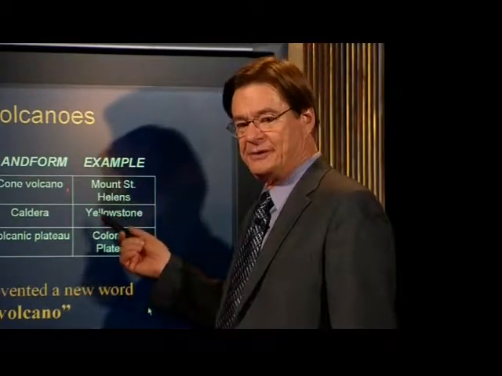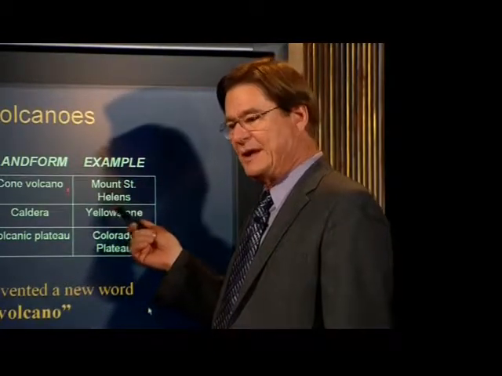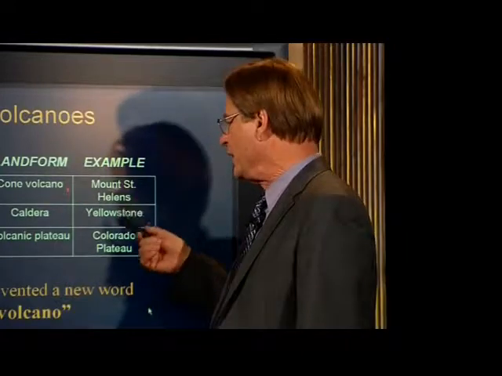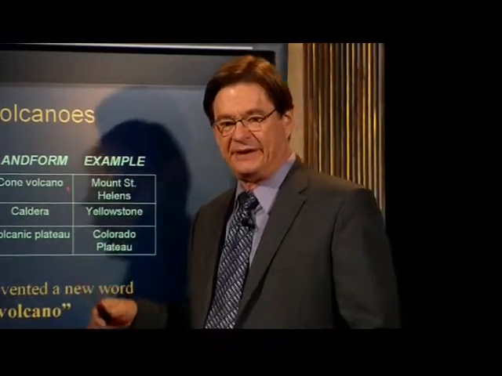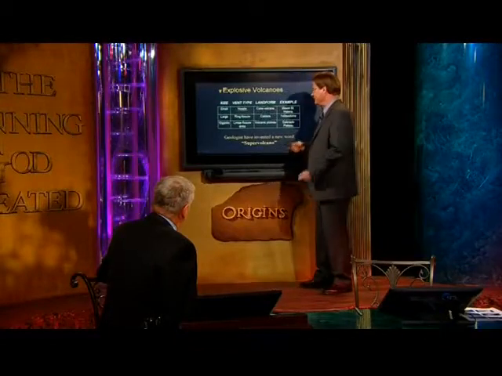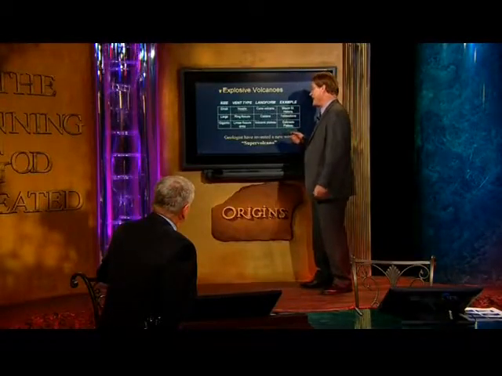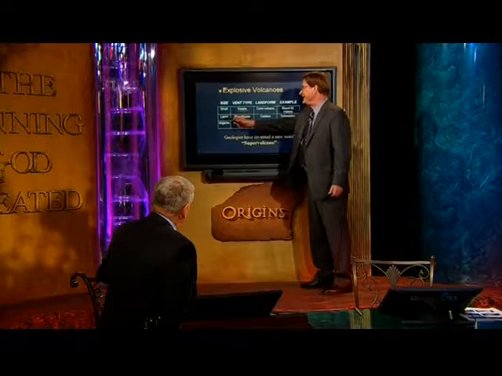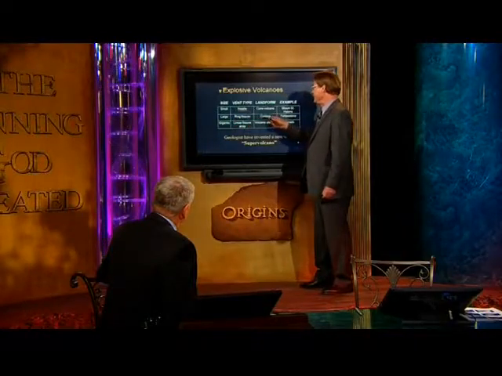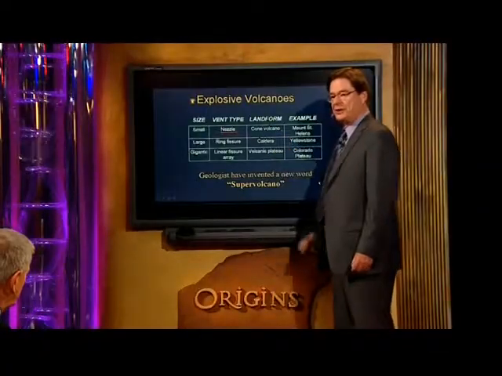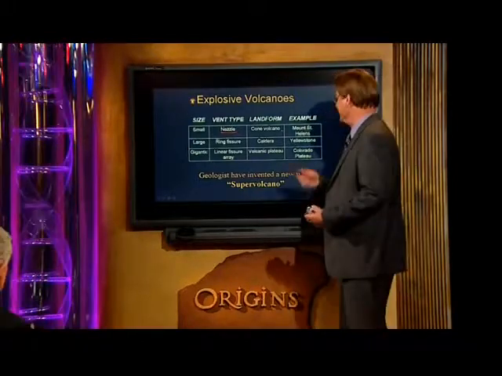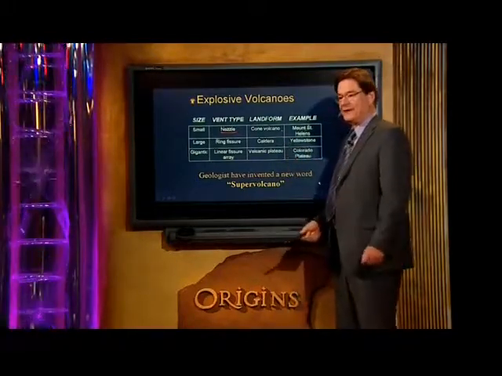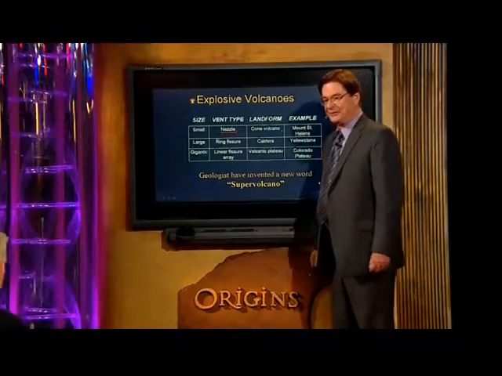Yellowstone has more energy than all the nuclear weapons in the world simultaneously detonated. That's a big supervolcano, or a rather average supervolcano, let's say. Large ring fissures collapse to form a feature called a caldera. The caldera is the lasting landform from the explosion of that type of supervolcano.